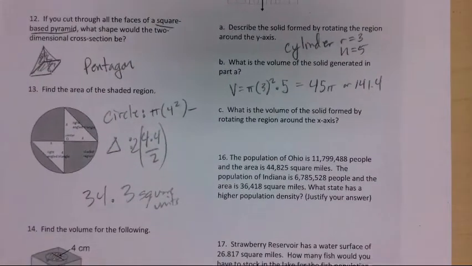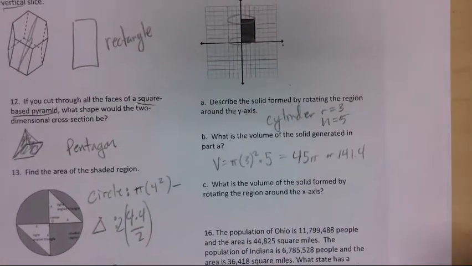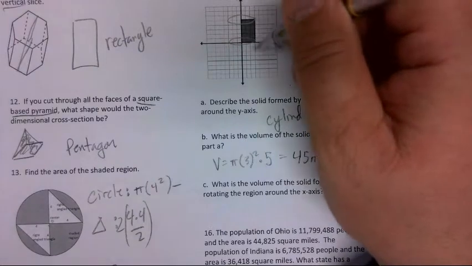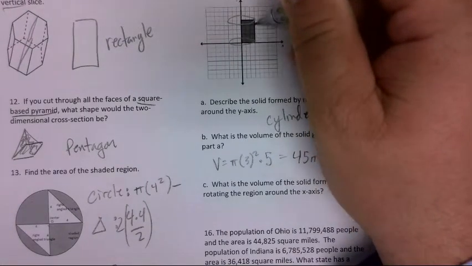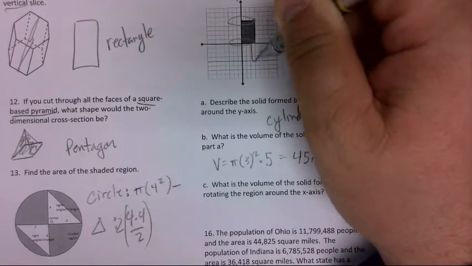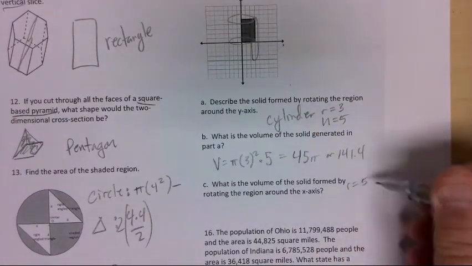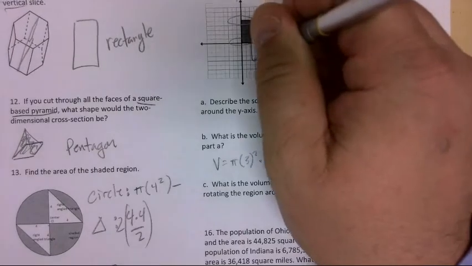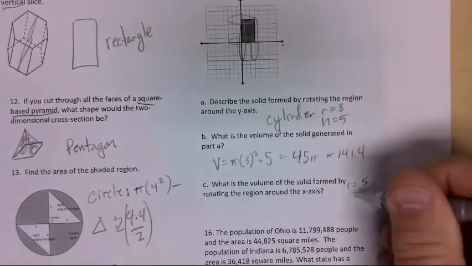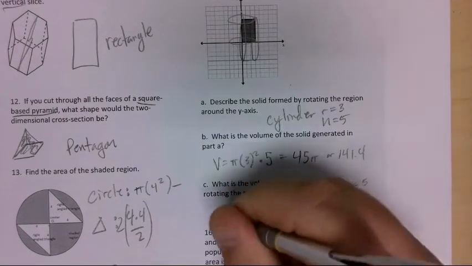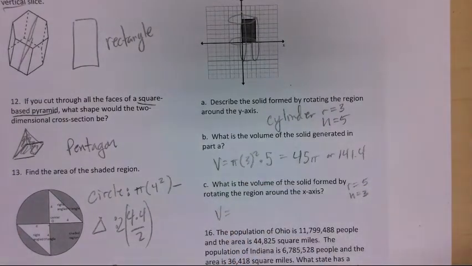Now it says, what's the volume generated if I rotate this around the x-axis? Well, if I rotate this around the x-axis, the cylinder is going to be like this. So it's going to be another cylinder, but its radius is now 5, and its height is 3. So all I got to do here is switch the height and the radius.